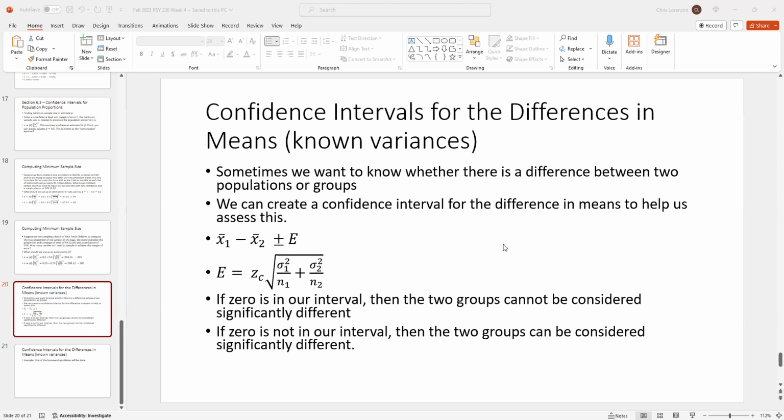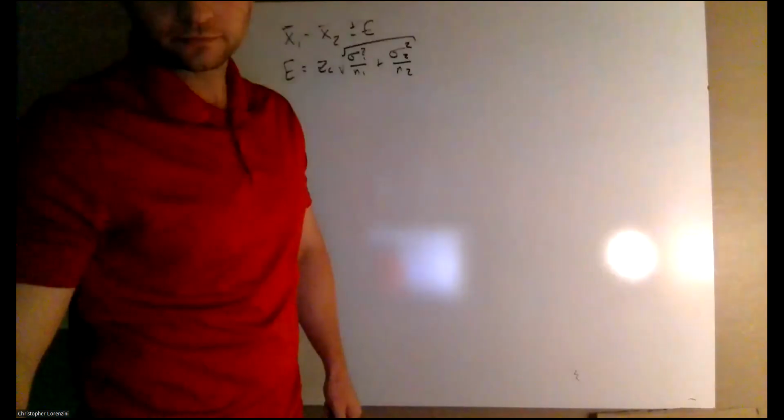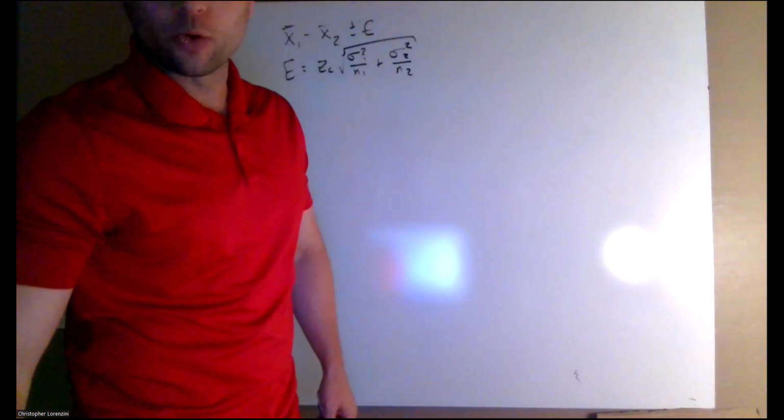We're going to take X1 bar minus X2 bar plus or minus our margin of error, where our margin of error is equal to our critical z-value multiplied by the square root of sigma 1 squared divided by n1 plus sigma 2 squared over n2. So we're able to find our values there. I've got that written on the board right now.